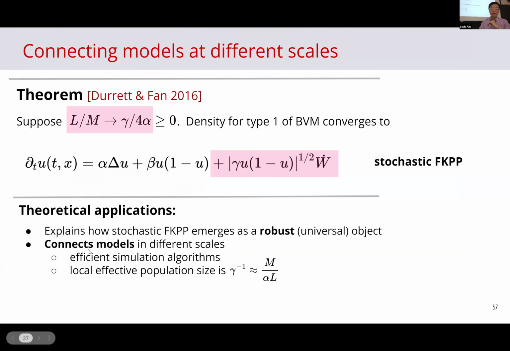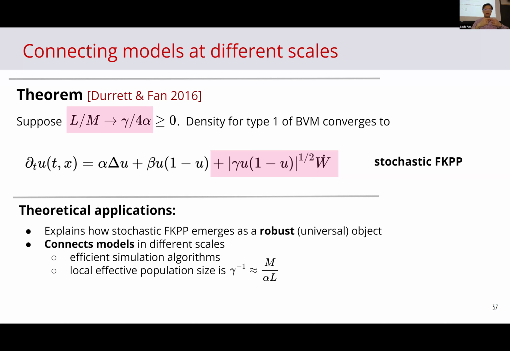This connects the model at two different scales, and it enables efficient simulation, because we can simulate the stochastic PDE as an approximation of the biased voter model without caring about how big the number of individuals is. This also gives us a notion of a local effective population size in this spatial setting, which is proportional to the number of particles at each site.